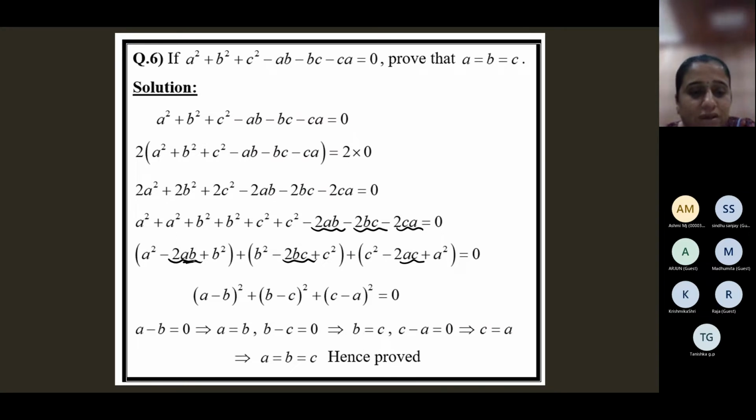This is ab, so you need one a square and one b square. This is bc, so you need one b square and one c square. And here we have ca, so you need one c square and one a square.